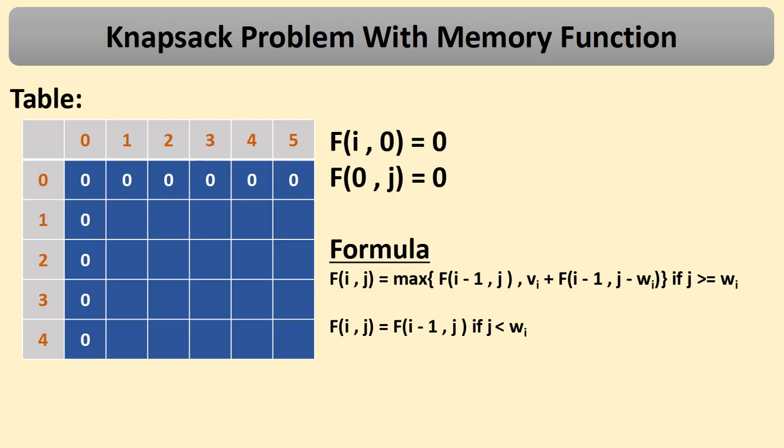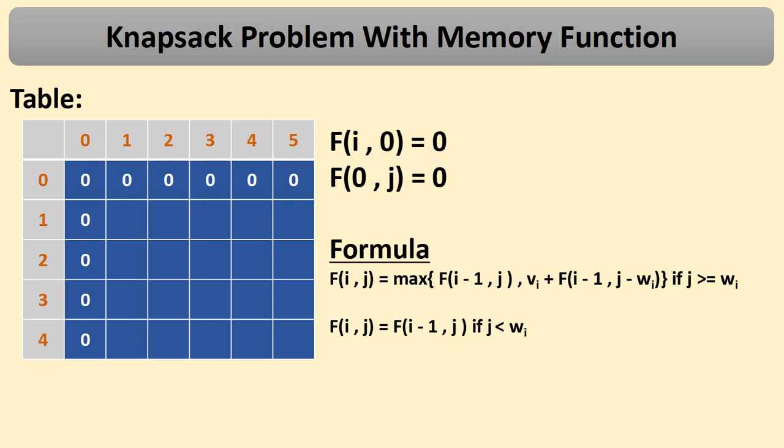For filling the table, the first formula is f of i comma 0 equals 0, and f of 0 comma j is also equal to 0. As we already know, the value of i ranges from 0 to 4, so we have to substitute it. f of 0 comma 0 is 0.